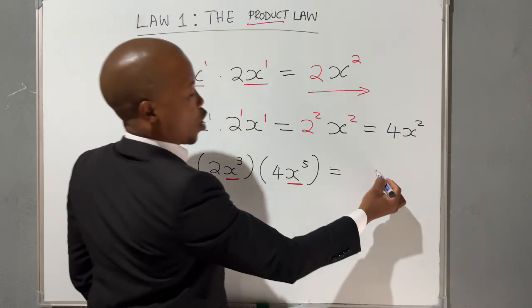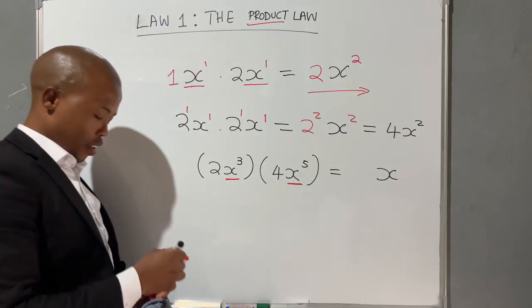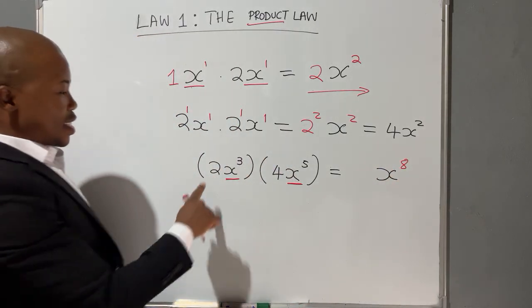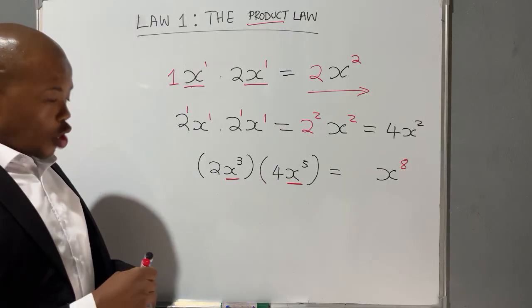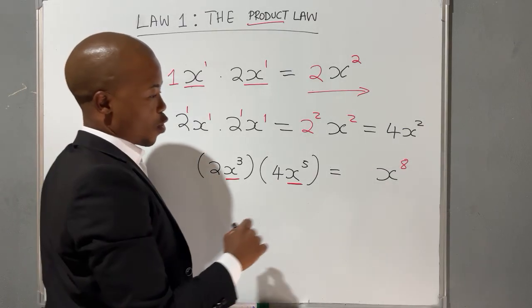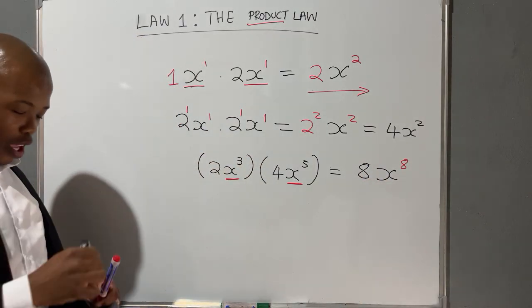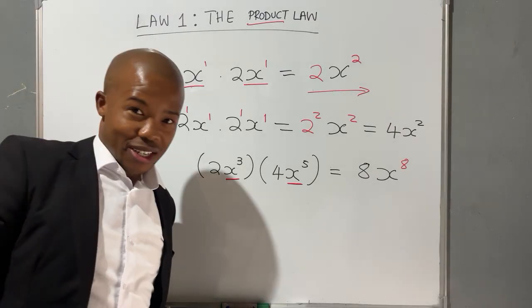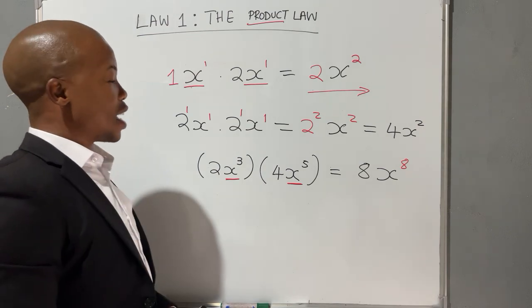Equals x to the exponent 3 plus 5, which gives us 8. And since these coefficients are not the same, you simply multiply them. It's going to be 2 times 4, which gives you 8.